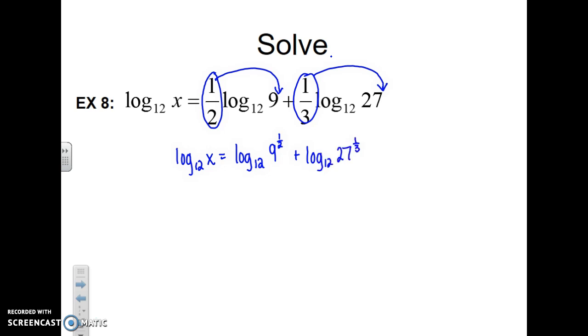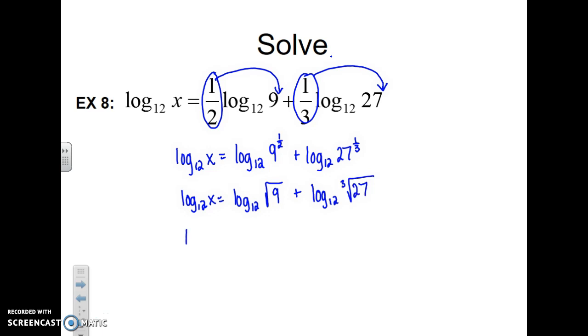Now, when we have 9 to the 1/2 power, that's really the square root of 9. So we've got log base 12 of x equals log base 12 of the square root of 9 plus log base 12 of the cube root of 27, since 27 to the 1/3 is the cube root.